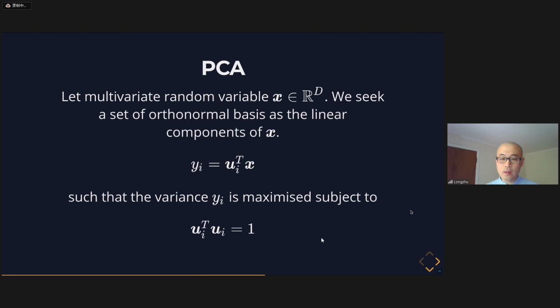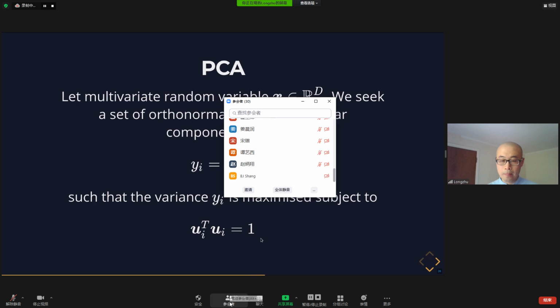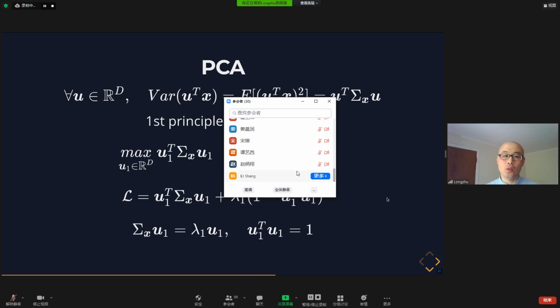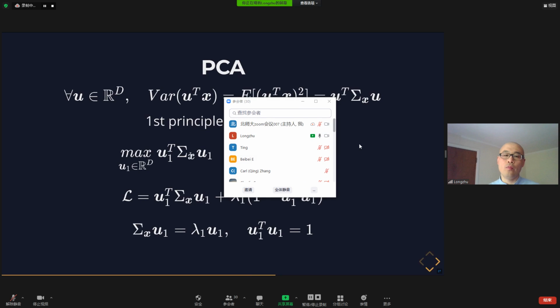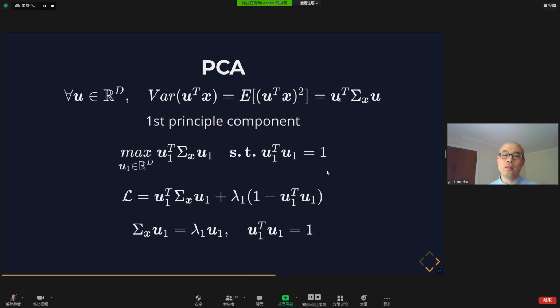In particular, where we have data in D dimensions, we seek a set of orthogonal bases to re-represent the original data, under the condition that these bases are normalized to 1. To put it in a more mathematically explicit context, it's pretty much trying to maximize the variance, which is shown here. It's basically the expected square, as shown before, and this constraint here.